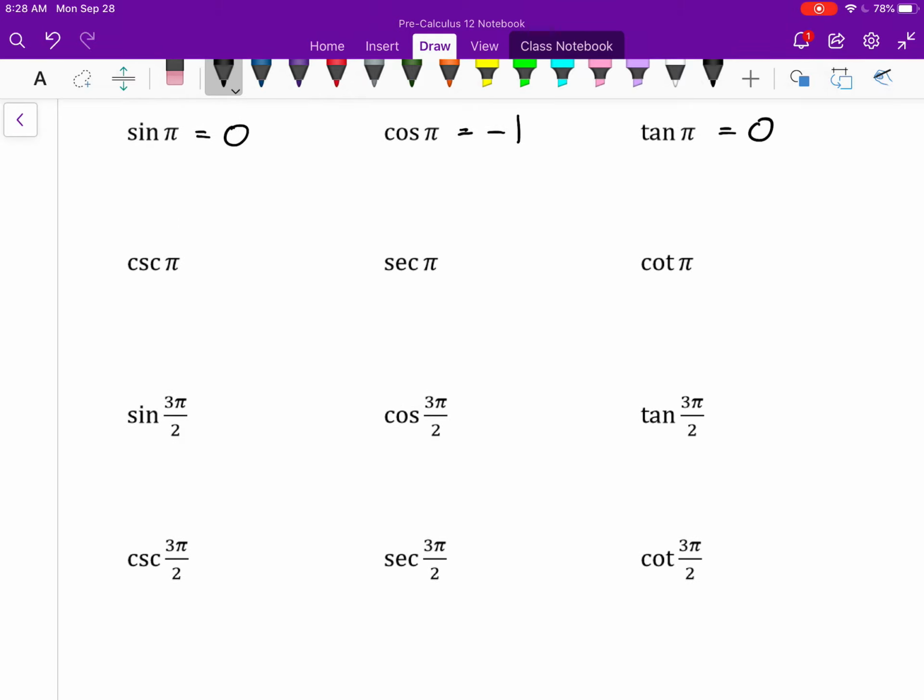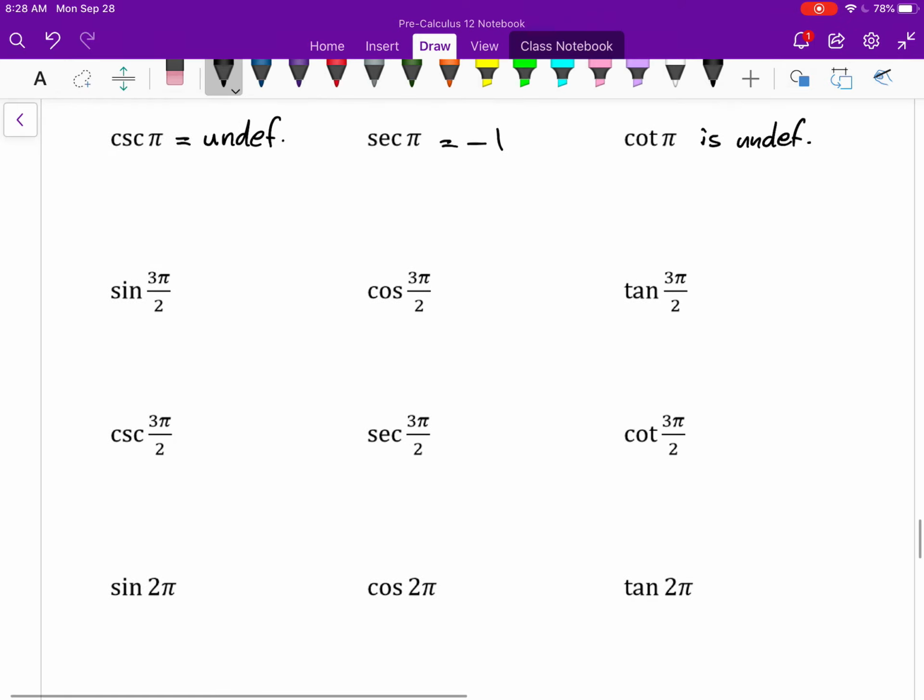Okay, also the same angle, 180 degrees, but now with reciprocals. Cosecant is going to be undefined. Secant is -1. Cotangent is undefined. For 3 pi over 2, which is 270 degrees, sine is -1, cosine is 0, tangent is undefined.